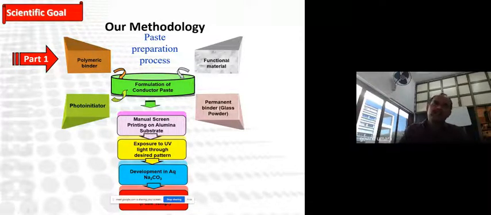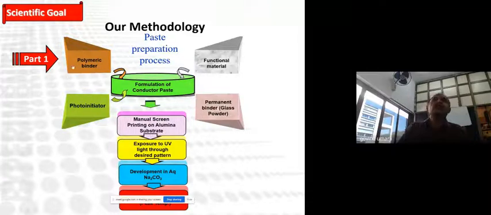We define our photopatternable composite by taking four major ingredients. One is the functional material, that is either silver, gold, or, like in the previous case Dr. Amayakar sir told about, CdS. Those are the functional materials.